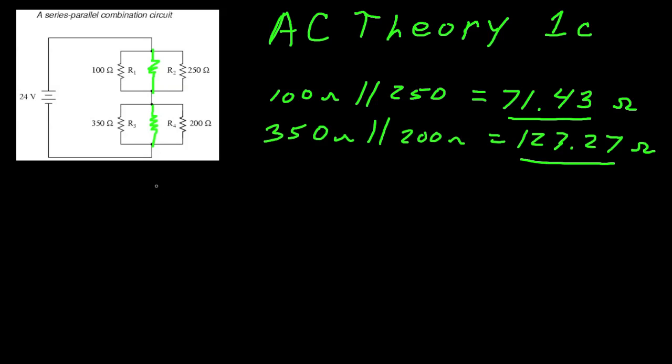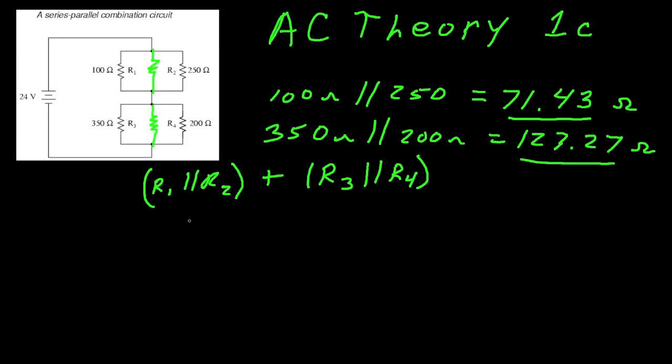So now we can take those resultant resistors, which would be the resistor R1 in parallel with R2, I'll put these in parentheses, so that's the sum of those added in parallel, and we can add those together with R3 in parallel with R4. And when we do that, that's just a simple addition problem.